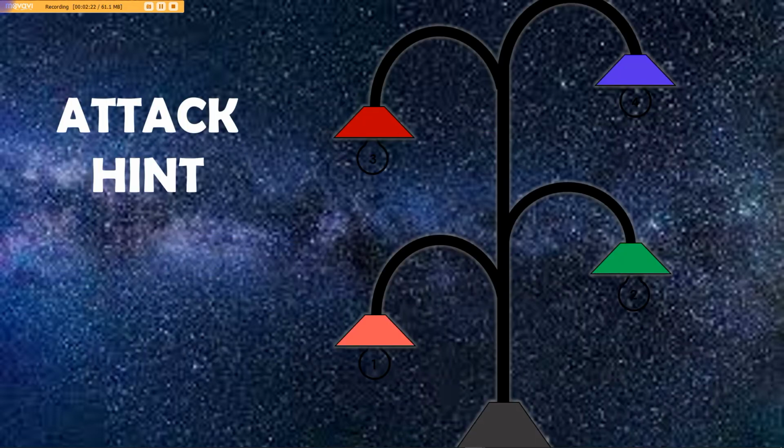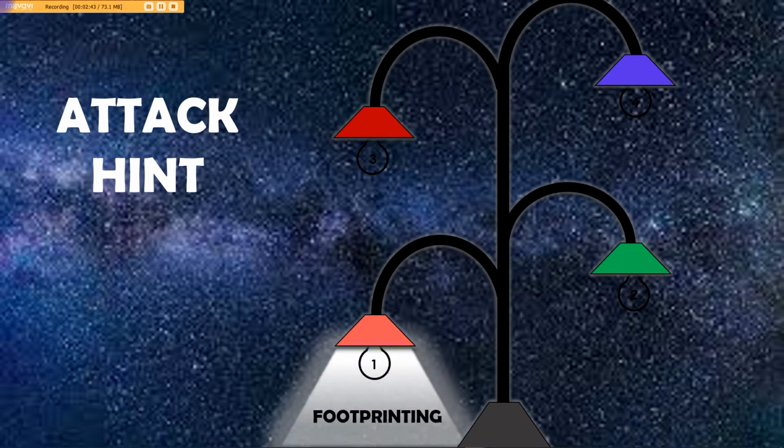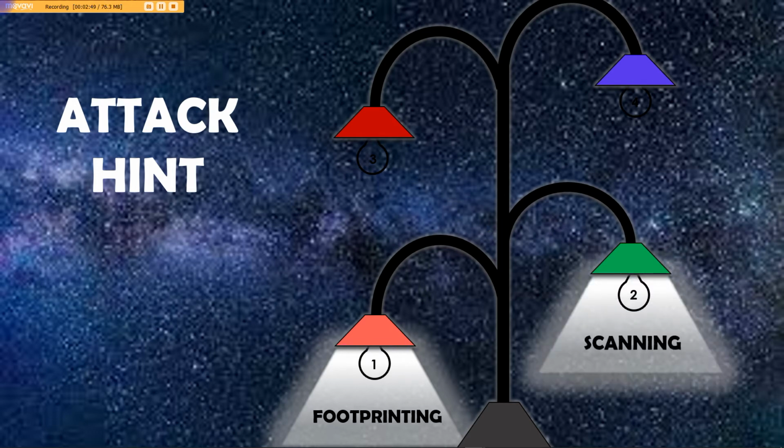Before we go on, I just want to give us a heads up into what we're going to be doing, even if it's not in this very module, in the subsequent modules. That's what I call attack hints. The first thing is footprinting, which is what I'm going to be doing in this Module 2, and after that is scanning.